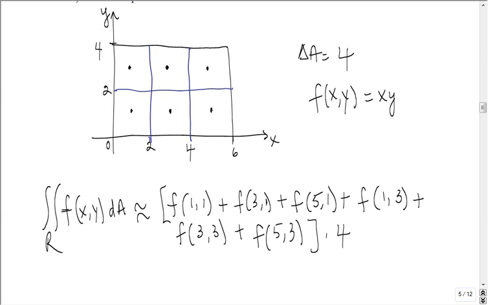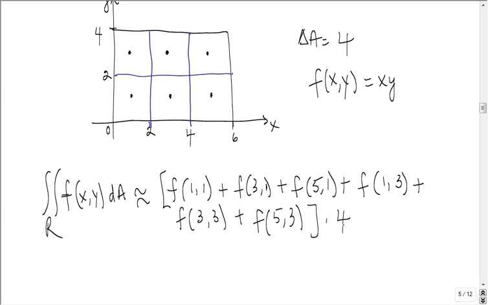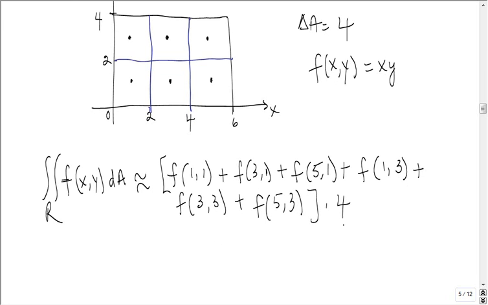Any questions so far? So let's put that into our function xy for each of these points. So f of 1, 1, that's a 1. The next one is a 3. Next one 5. Next one 3. Next one 9.